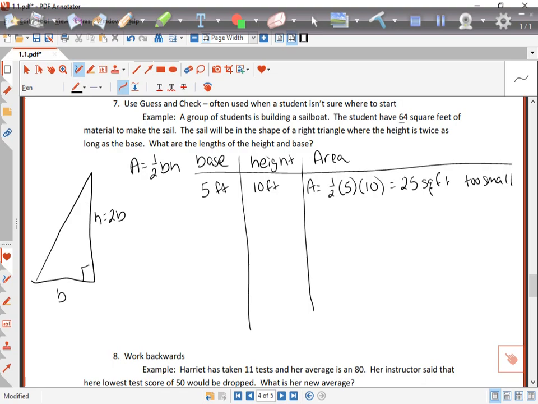That means 5 was too small. So let's pick something bigger. Let's pick 10 feet. If the base was 10 feet, the height would be twice as big, 20 feet. Plug that into our formula, and this time I get 100 square feet, which is too big.